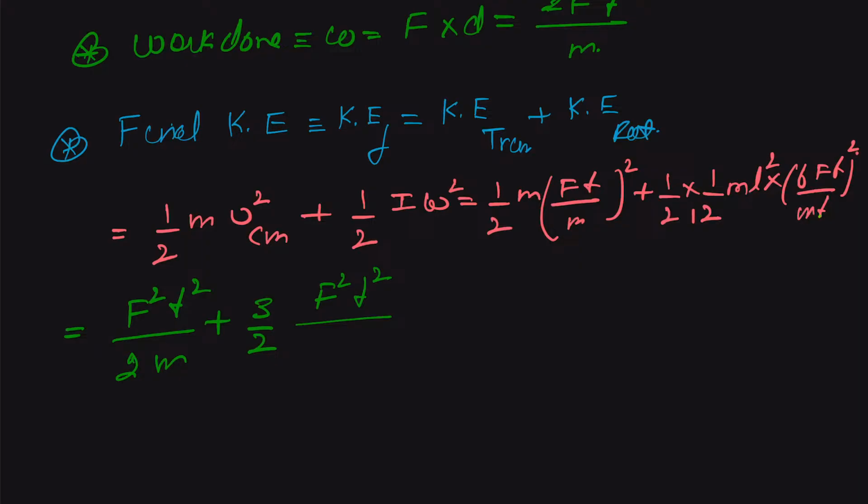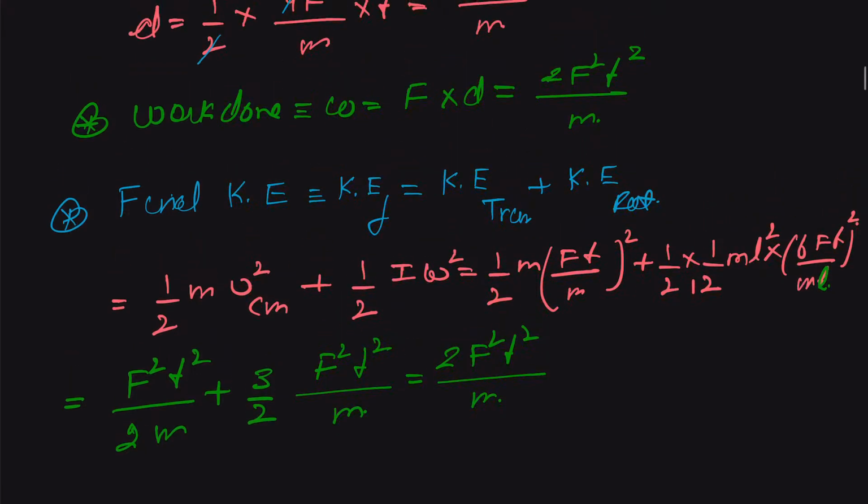This is L, not T, so L squared and m squared, so this will be coming as our m. So their summation will be 3 plus 1 is 4, 4 goes by 2, so we are left with 2F²t²/m.